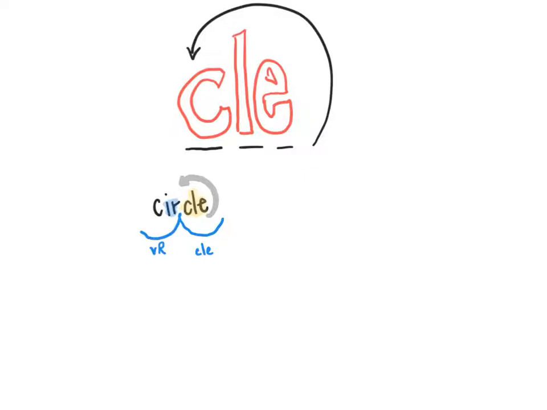Let's look at another word that ends in CLE. I have to say, this is one of my favorite syllable types. I don't know why. I just like it. So let's take a look at the word bubble. The first thing I'm going to say is, oh, look at this. I have a consonant LE right there.